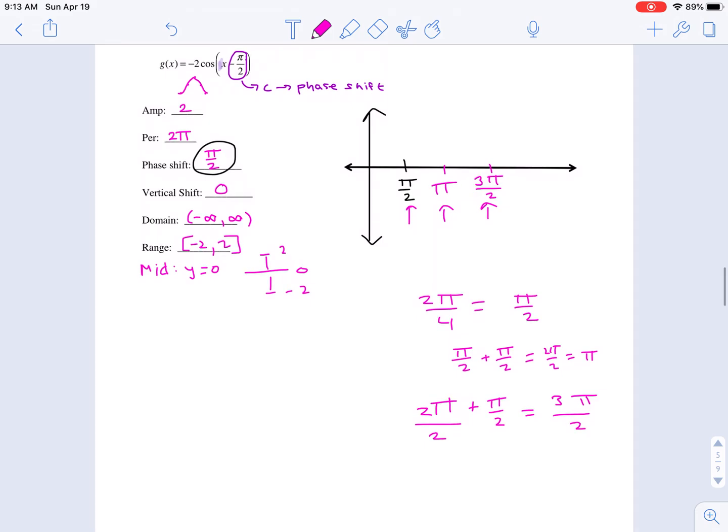Okay, so I'm getting closer. So now I'm going to take 3 pi over 2. I'm going to add my interval again. So 3 pi over 2 plus pi over 2 gives me 4 pi over 2, which is going to reduce to be 2 pi.